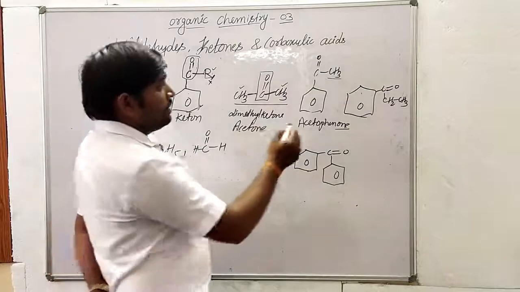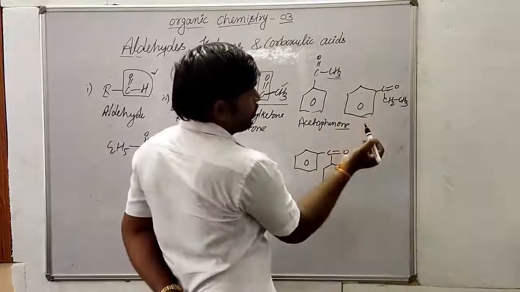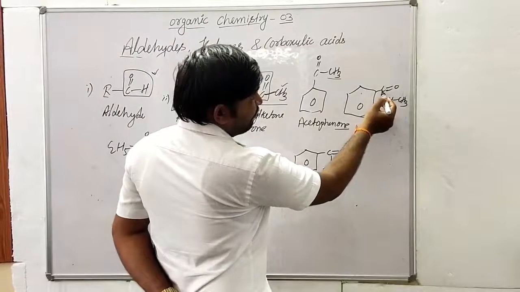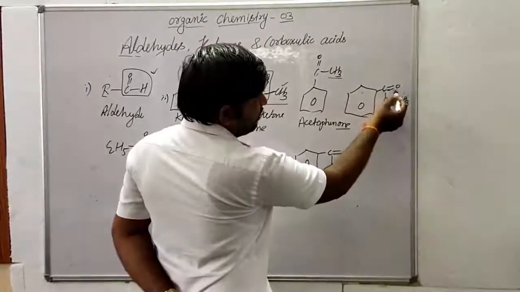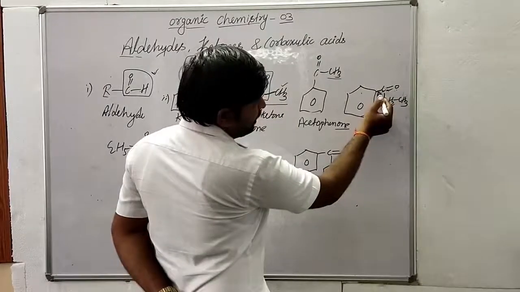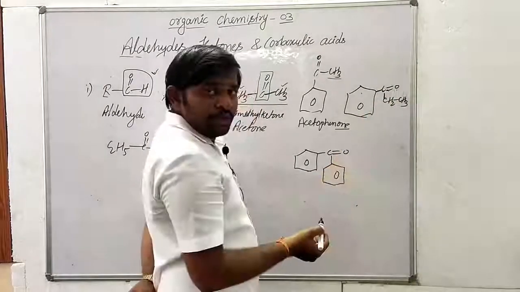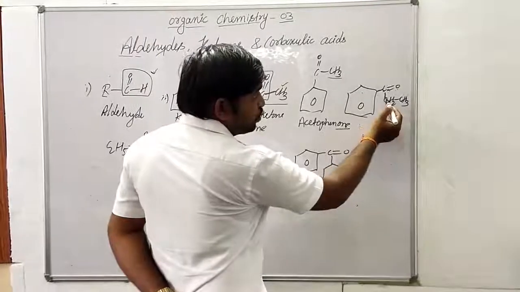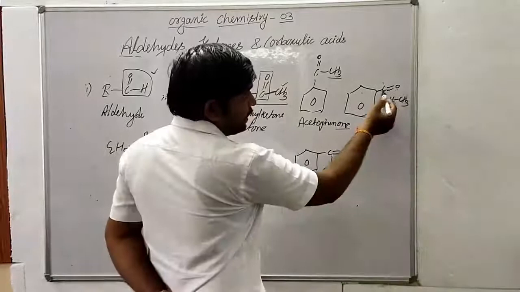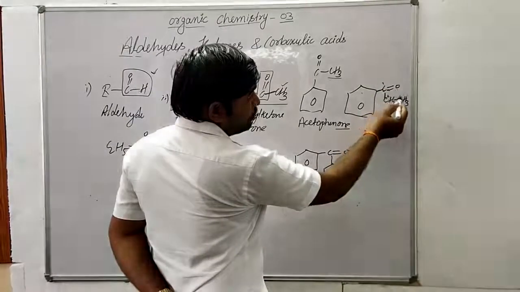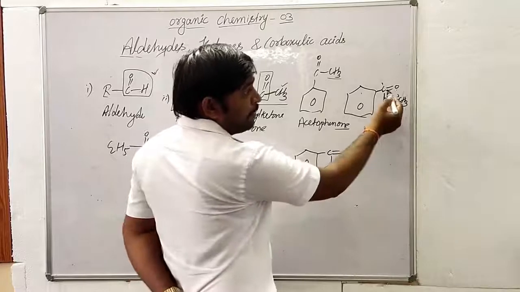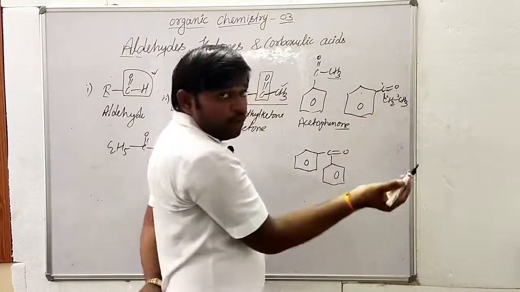Next, what is this molecule? Here CH3 CH2 C double bond O is there. The C double bond O is the carbonyl group. This carbonyl group's other two valencies are satisfied by one aryl group and one alkyl group. Including this carbon atom we have to count: 1, 2, 3. This is propanone, with the ending "one".